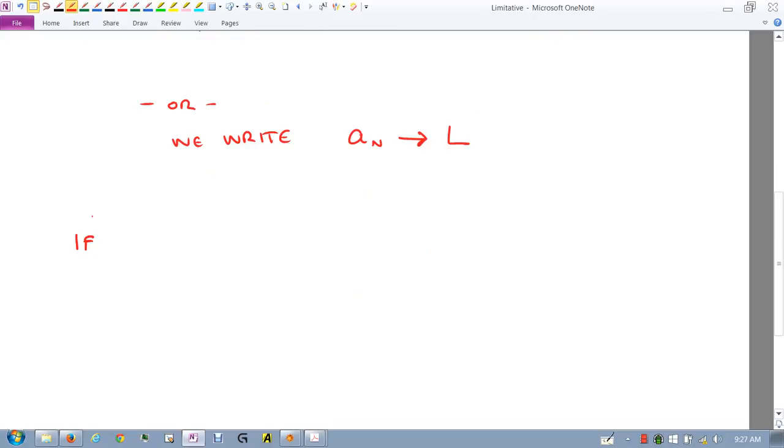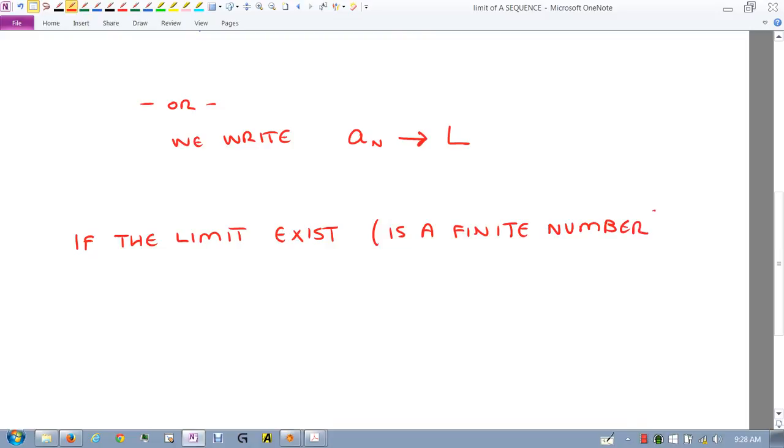Now, if the limit exists, meaning it is a number, so that's what I'm going to mean by the limit exists. Remember in Cal 1, sometimes limits didn't exist. So we may run into a situation where the limit doesn't exist.